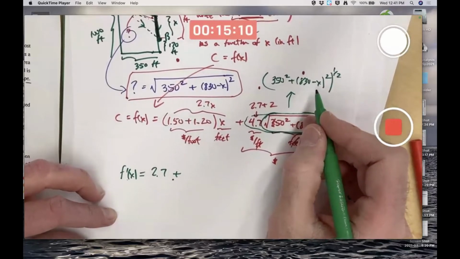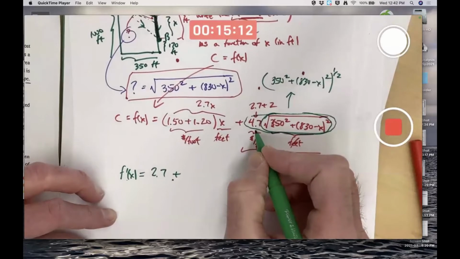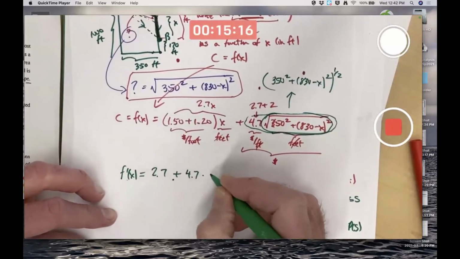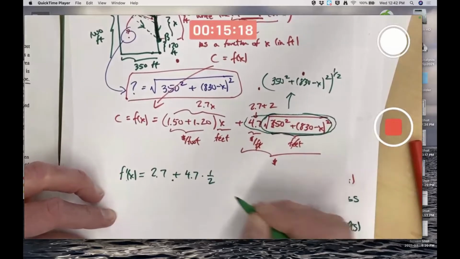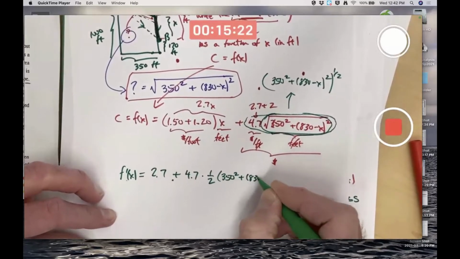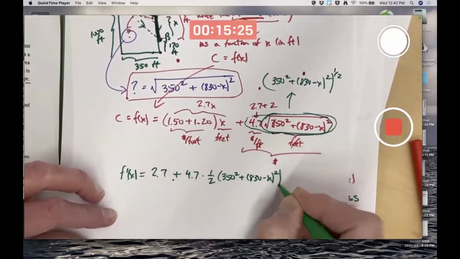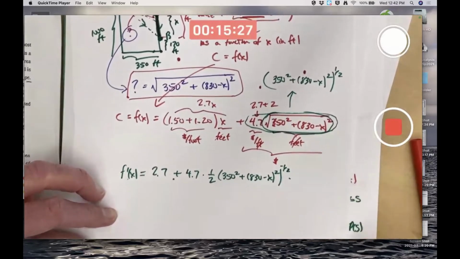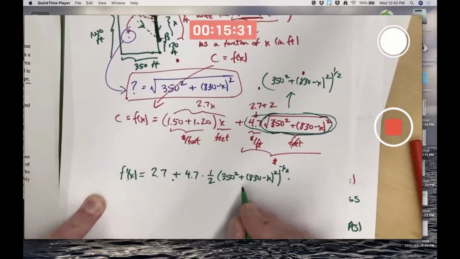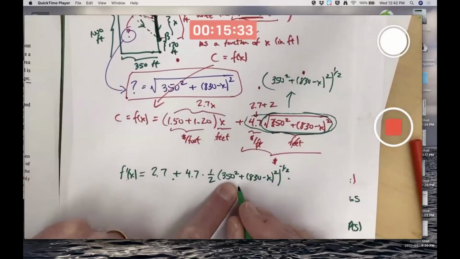So that's a chain rule problem. Keep the 4.7 there as a constant coefficient. 4.7, bring down the 1/2, so I get times 1/2, 350 squared plus 830 minus x quantity squared to the negative 1/2, then multiply times the derivative of the inside function. And again, you don't have to expand this out. The derivative of that is 0.